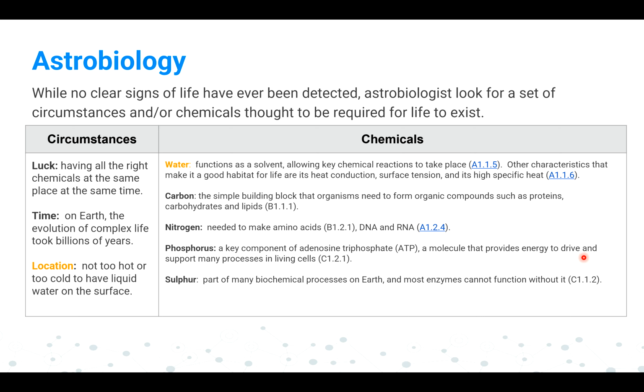Time: on Earth, the evolution of complex life took millions of years. Location: not too hot, not too cold, to have liquid water on the surface. So everything was in an appropriate manner so that life could start by the formation of biomolecules and their interaction with other biomolecules.